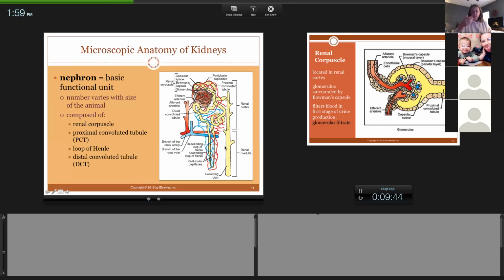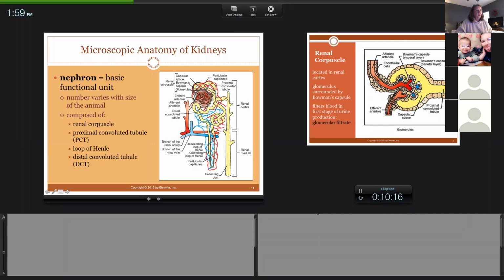Once the filtrate moves into the collecting duct, it has now become urine, because it's going to go down through the calyx to the pelvis, to the ureter. So this is the beginning of urine production, and once it goes into the collecting duct, then it leaves.